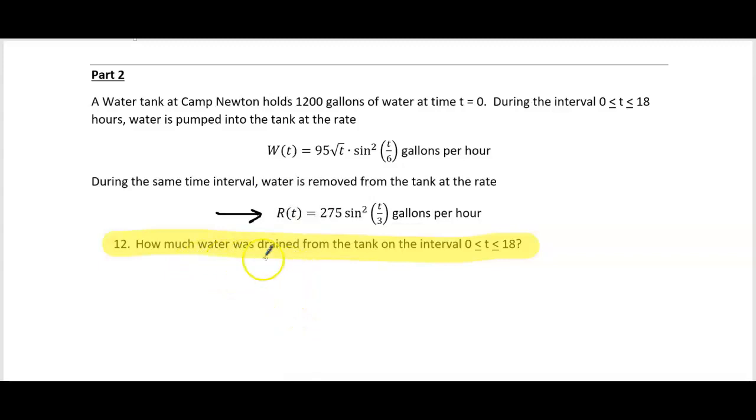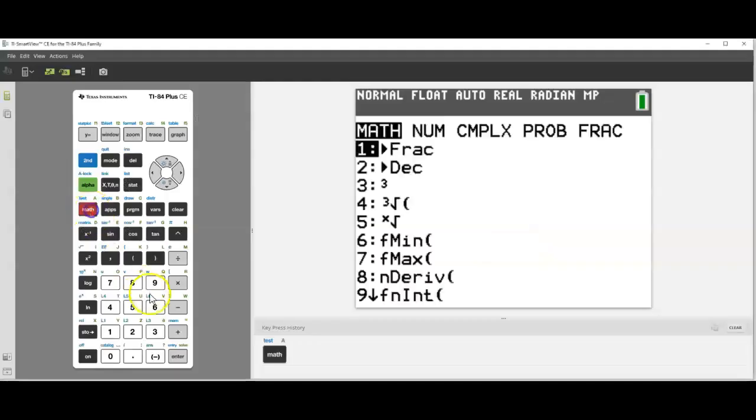If you want to find out how much water on the interval from 0 to 18 was lost, you're going to take the rate at which it's leaving the tank, and you're going to integrate that with respect to t over the time period they're asking about. And that will tell you the total amount of water that was drained from the tank. So let's go ahead and go to our calculator and let it do the work for us.